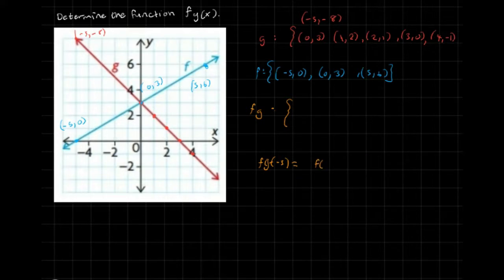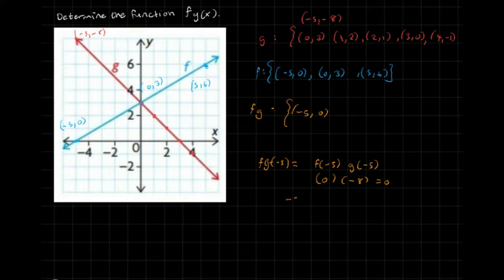Sorry about that. f of negative 5 is 0. g of negative 5 is negative 8. And in this case, we get 0. Right? So we get negative 5 and 0 as one of our points.